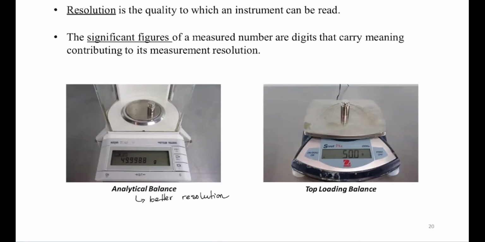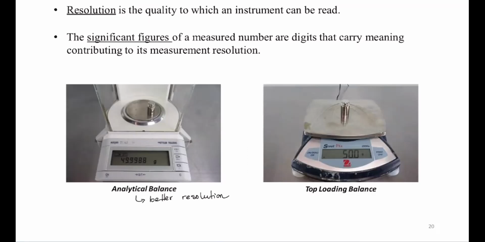We have to extract ourselves from common language when it comes to significant figures, because whenever I'm teaching that concept, people say, oh, that means that digit is not important. It's not that it's not important. It's just that certain digits contribute to the measurement's resolution, and other digits are there to tell you quantity, whether you have a large measurement or a small measurement.